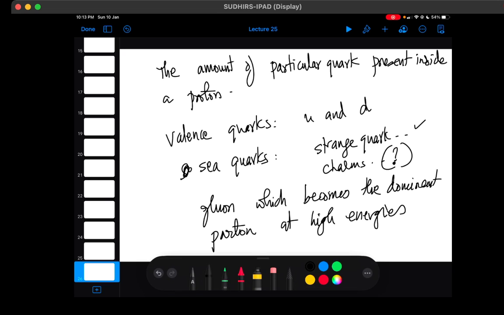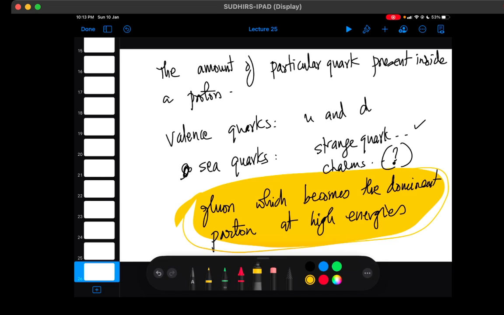So at the LHC, most of the time you are actually hitting two gluons with each other.